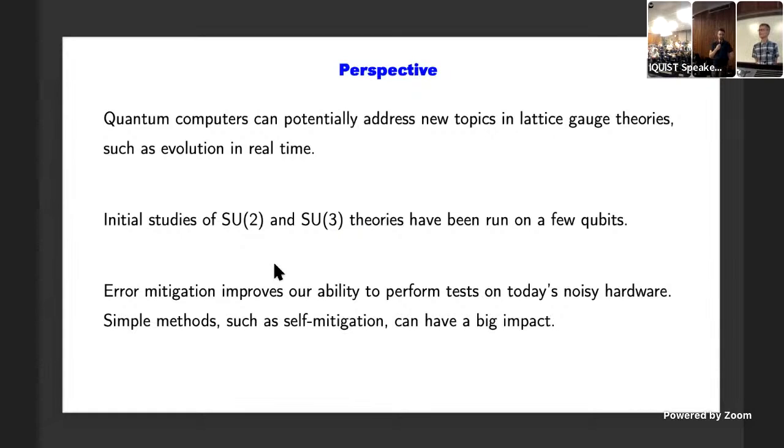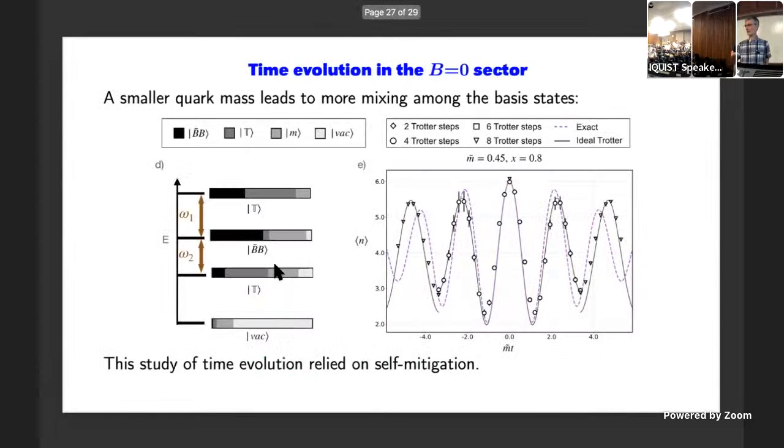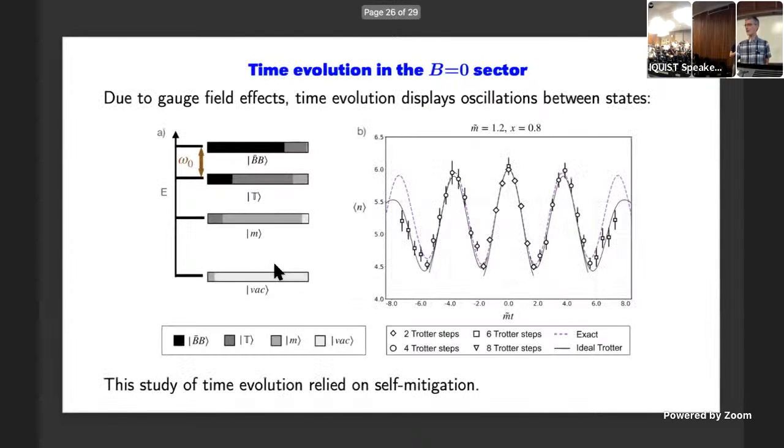So the question is about thermalization in the system size. If you're thinking about the curves, this is just a four-state system that is being plotted as a function of time. This oscillation will just continue forever.